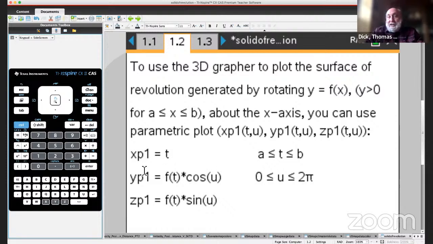And the idea behind it is pretty simple. We're just going to let the x coordinate be defined by t and let t run from a to b. So that's just like our regular x variable. And then f of t, to get the circle that's traced out as you rotate around the x-axis, we'll take f of t as our radius.